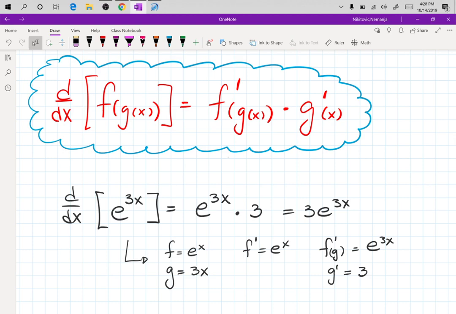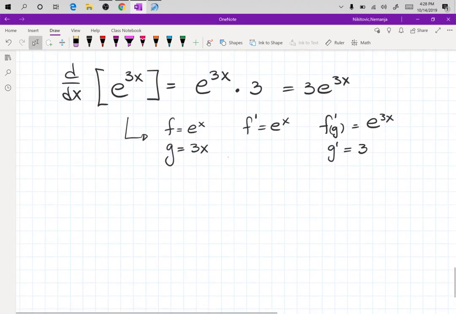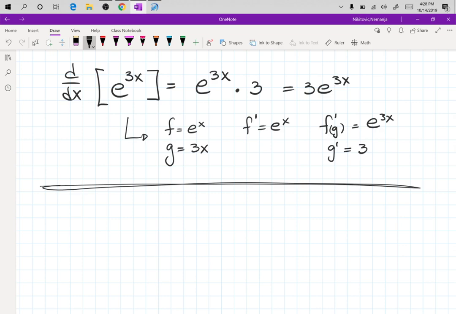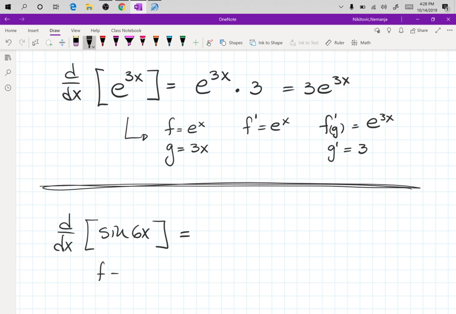We can do this with trig as well. I mean, we're going to do this with every single function in existence, but what is the derivative of sine of 6x? Well, if you want to decompose this, what's f? Sine x. And what's g?